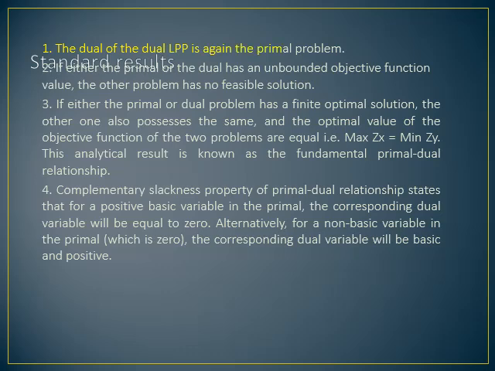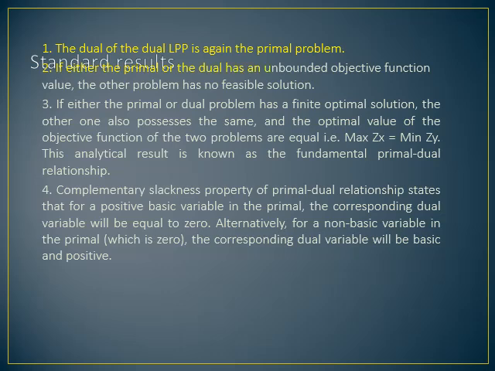If either the primal or the dual problem has an unbounded objective function value, the other problem has no feasible solution.